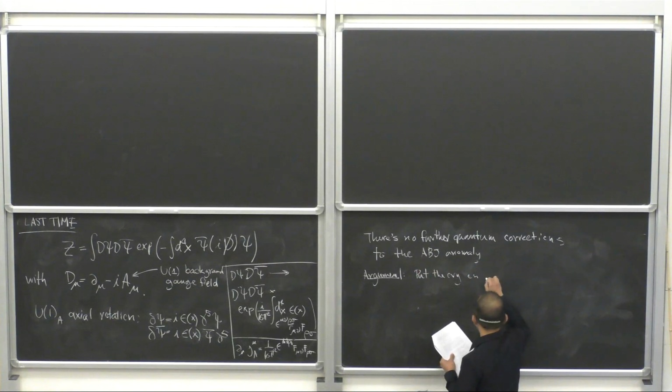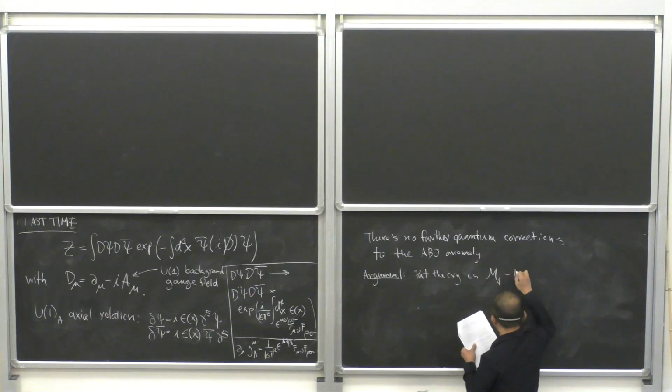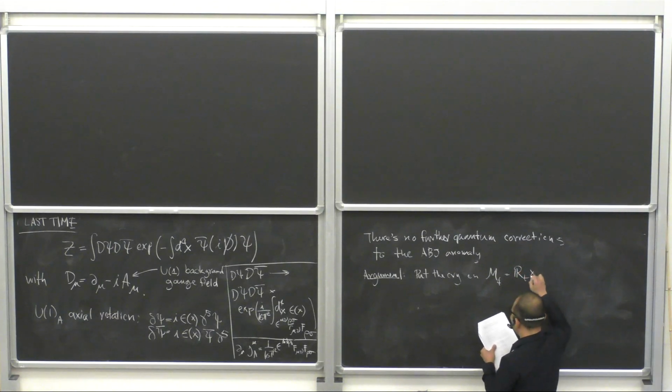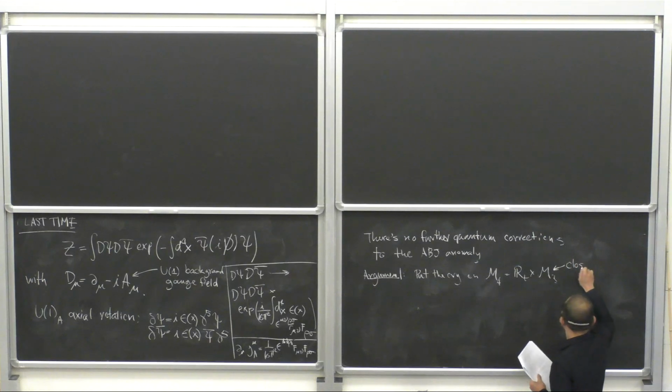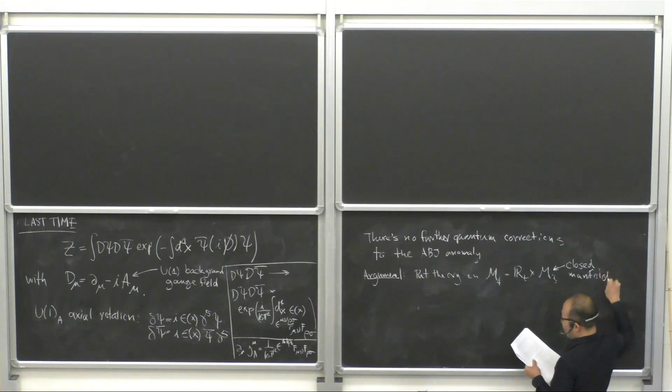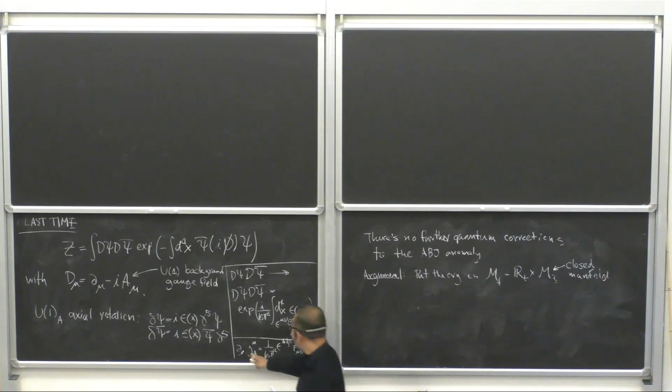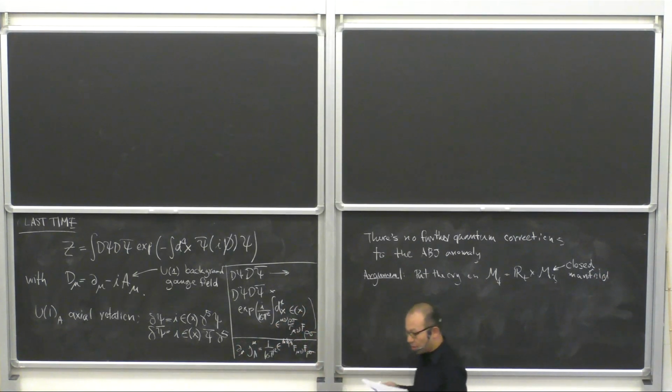The argument is that you can put the theory on a four-manifold, which is time times M3, where M3 is a closed manifold. You can integrate this equation on both sides.